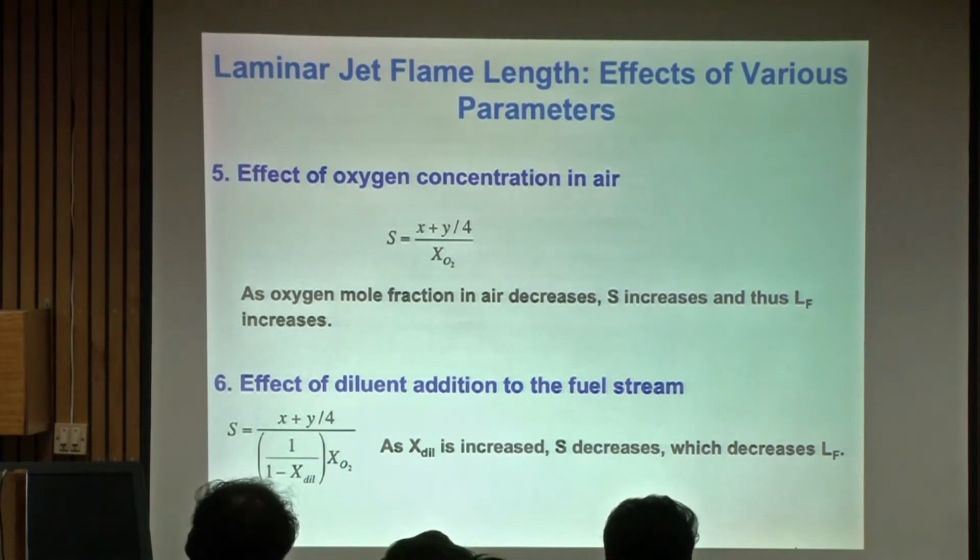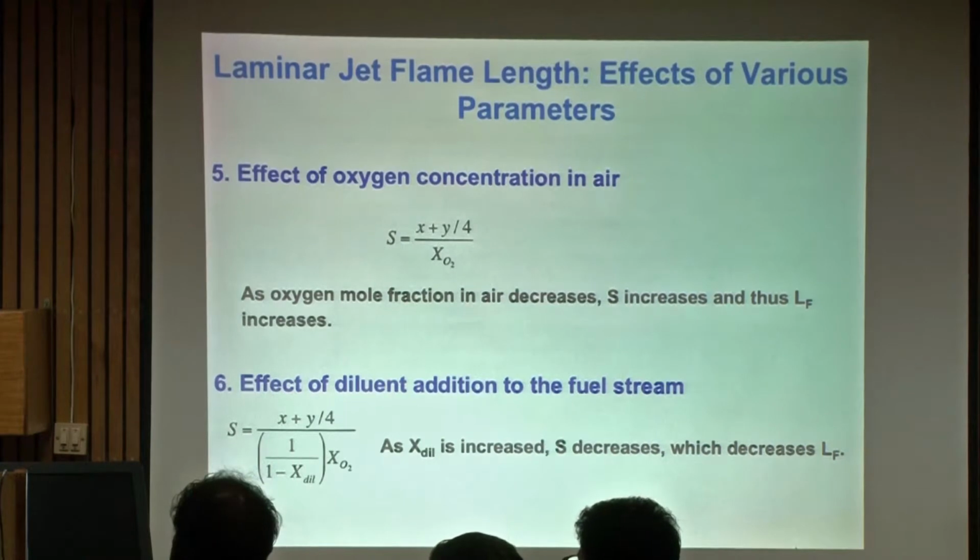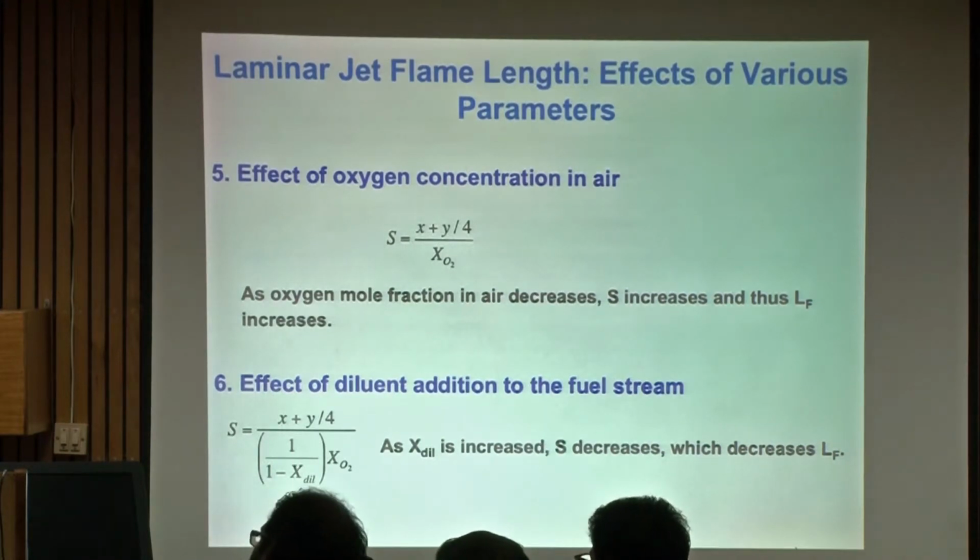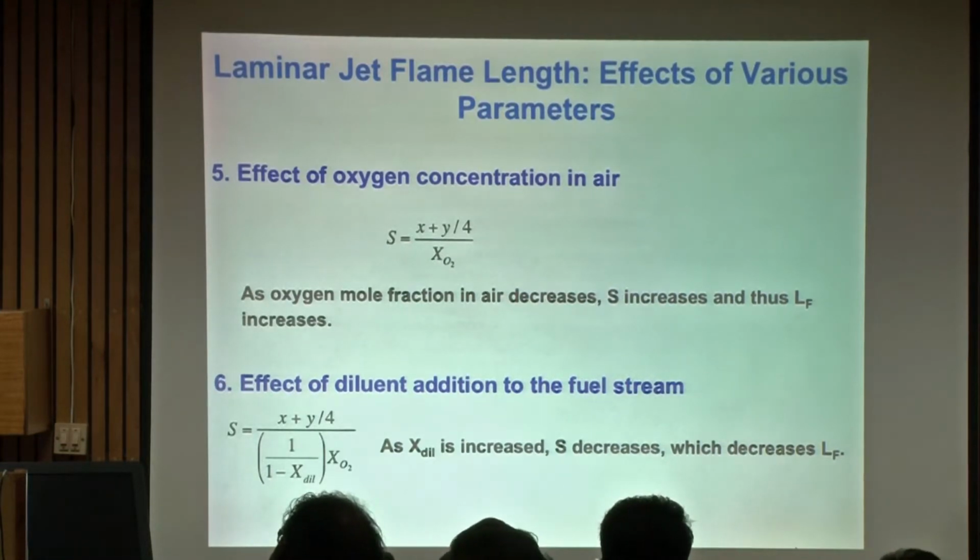Let's say 10% by mass, so it becomes 0.99, right? Let's say 50%, so it's already 0.5. Now you have to decrease your YF value from 0.5 to the stoichiometric value. So physically you can see that the flame height will decrease by adding diluent to the fuel stream.